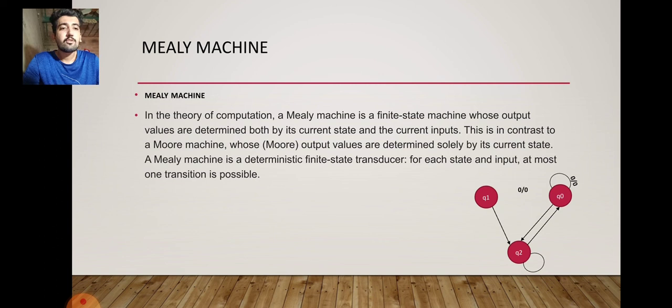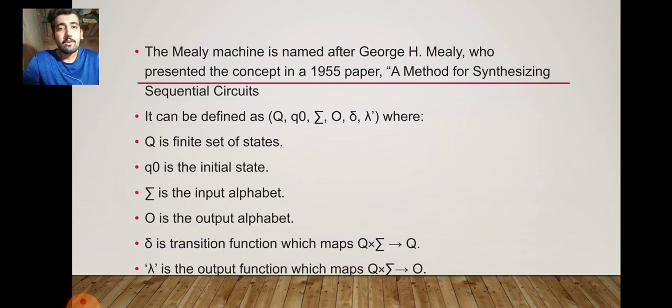This is in contrast to the Moore machine, whose output values are determined solely by the current state. A Mealy machine is defined as a finite-state transducer that generates output for each transition and input. Now I discuss a Mealy machine.